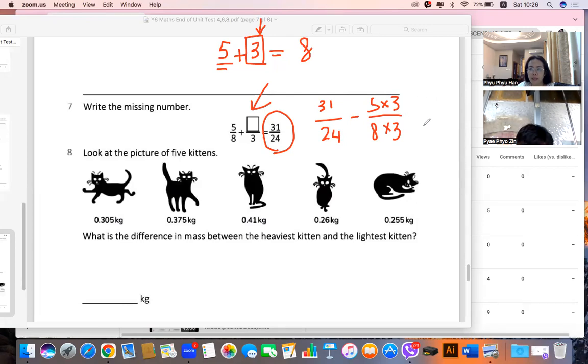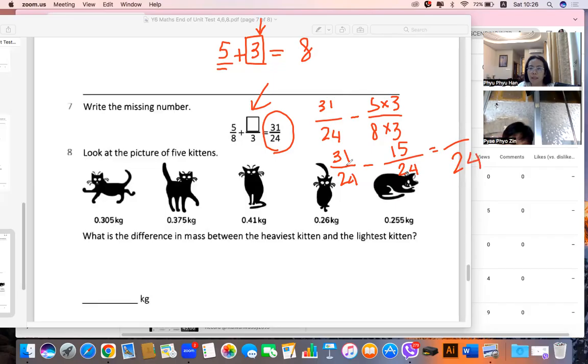So here we will get 15. Let me do 31 by 24. So here 15, and 24, it will be 2. Ah, okay, correct.